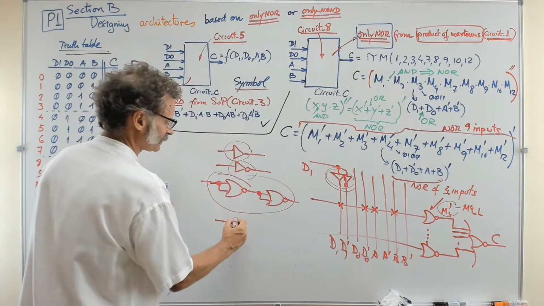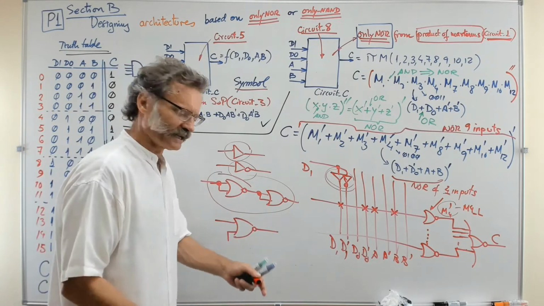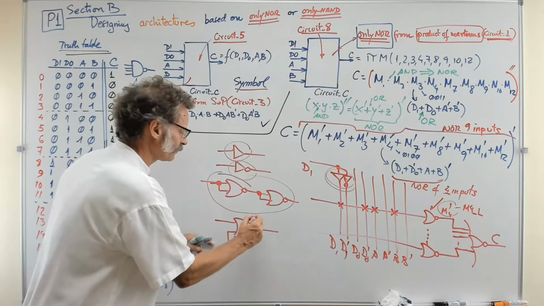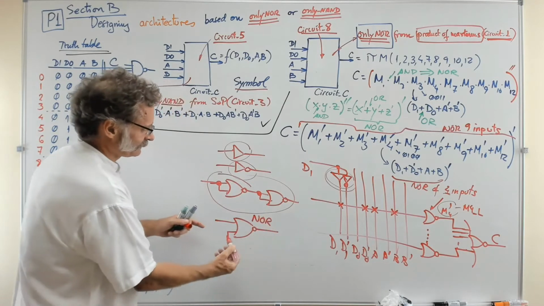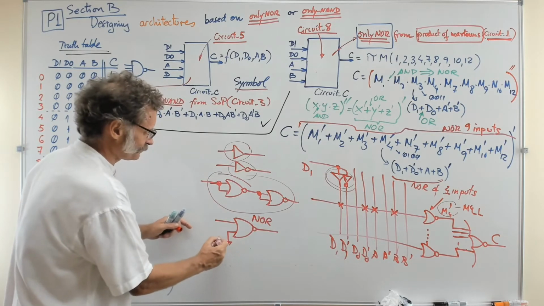Okay, or if you have a single one, you can do the same thing, or instead you can use a convenient level at the input that is not going to block the gate. And if you have a NOR, the level that is not going to block the gate is a connection to the 0 level.